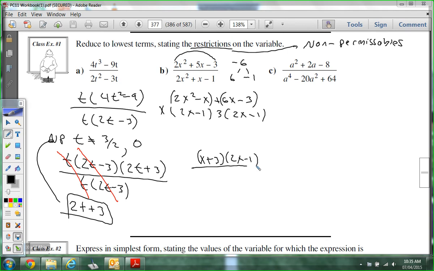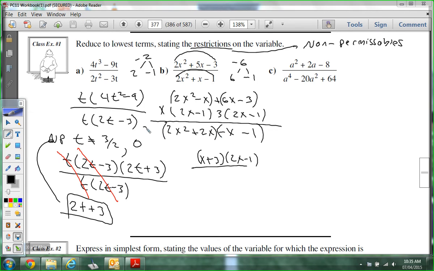Same process for the bottom one. Kind of do it up over here to the left a little bit. So 2 times negative 1 is a negative 2. Factors of negative 2 to get you 1 are 2 and negative 1. Okay, so I'm going to do that right here. So that gives me 2x squared plus 2x minus x minus 1. Now we group.